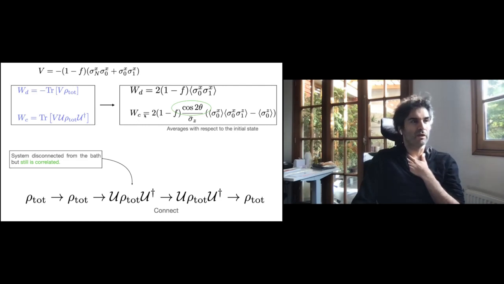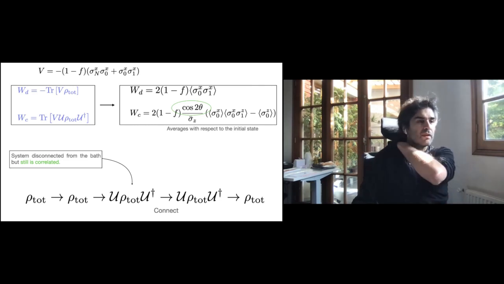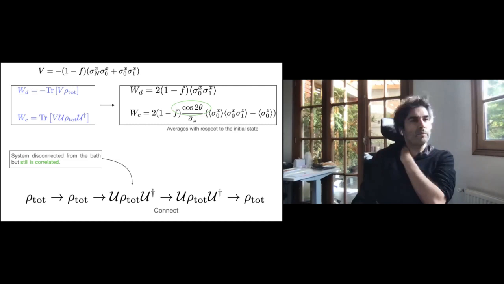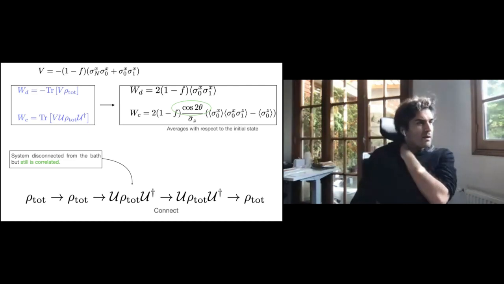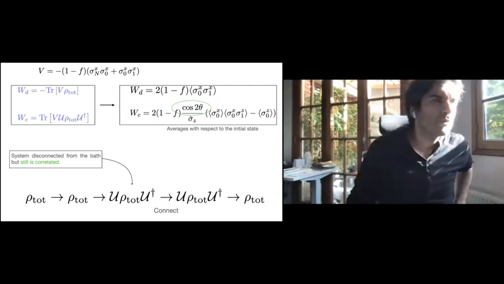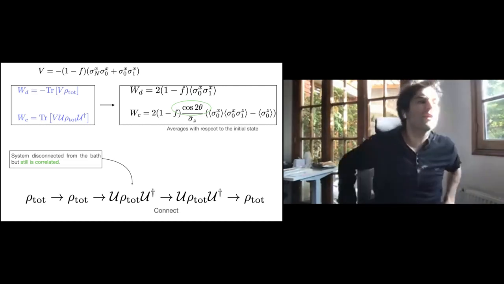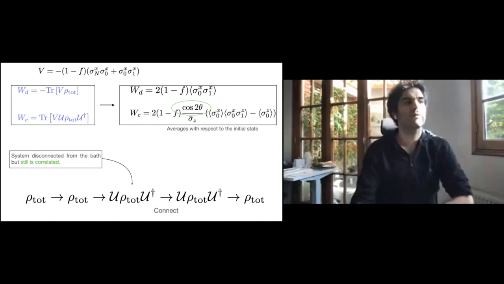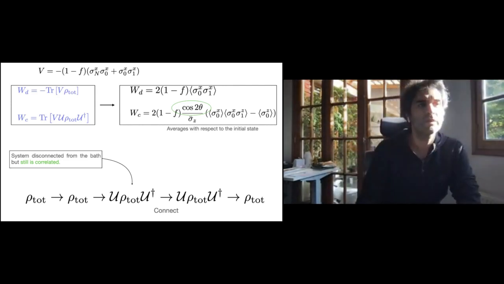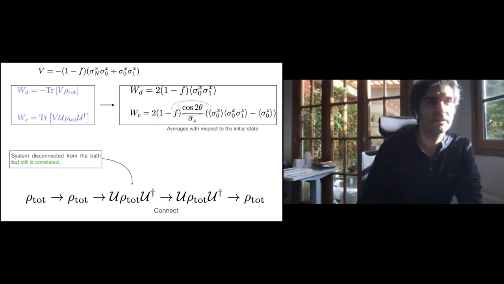So this connecting energy depends on theta, and therefore we can optimize the efficiency by looking for the optimal theta. Also, you should notice that the connecting work and disconnecting work are given in terms of this average magnetization.